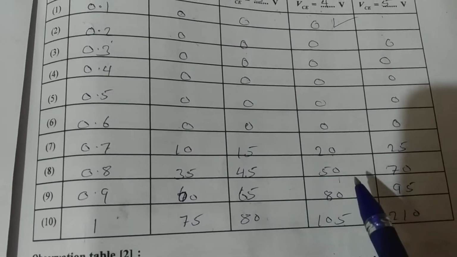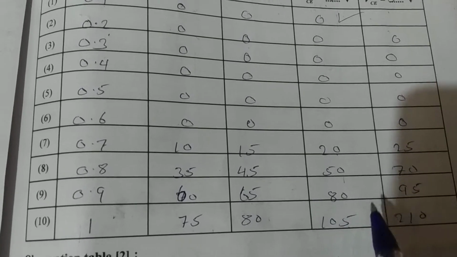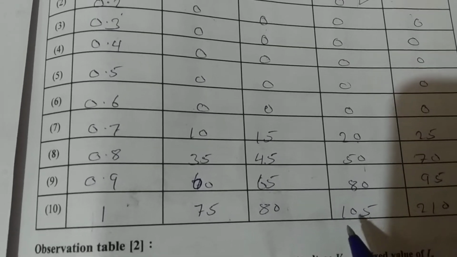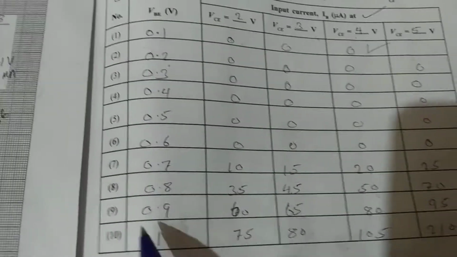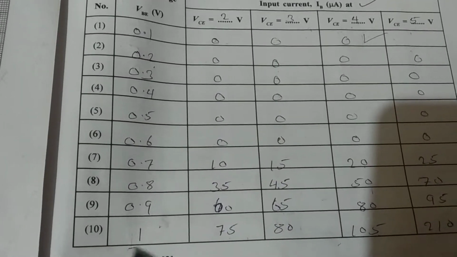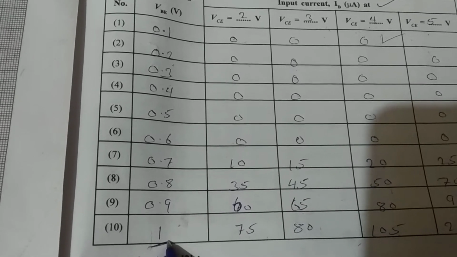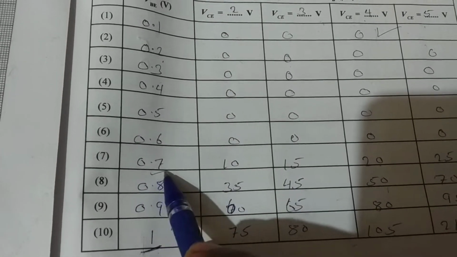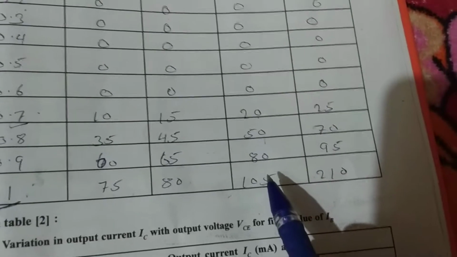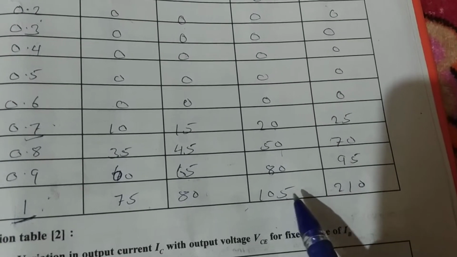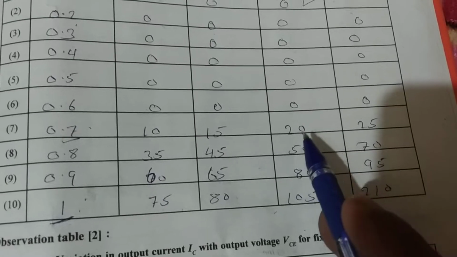At that time, we take the change in VBE upon the corresponding current. So here I am taking two VBE values from the VBE column: one is 1, the next one is 0.7. So delta VBE means 1 minus 0.7, and corresponding IB, 105 minus 20.